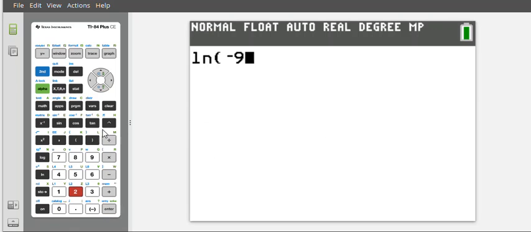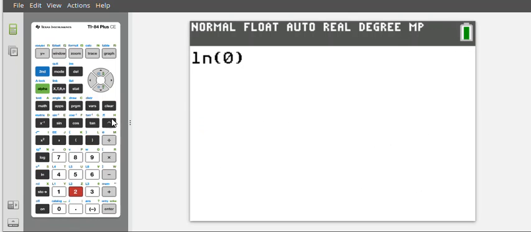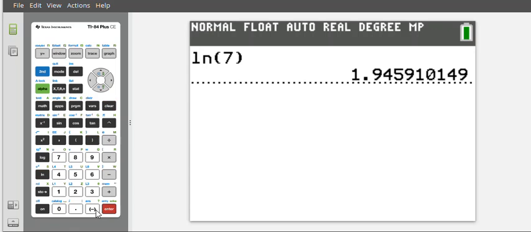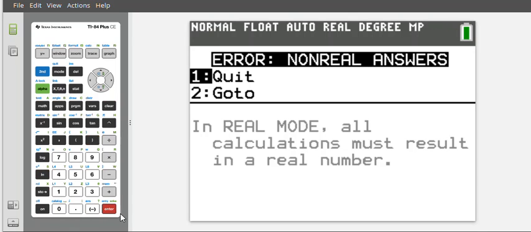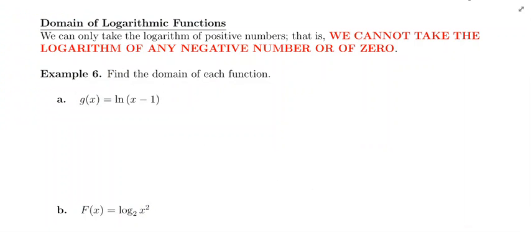The natural log of 0, can't do it. You can only plug in positive numbers. What's the natural log of 7? Oh, this crazy decimal. But if I did -7, bad, bad, bad. So you cannot take the logarithm of any negative number or of 0, regardless of the base.